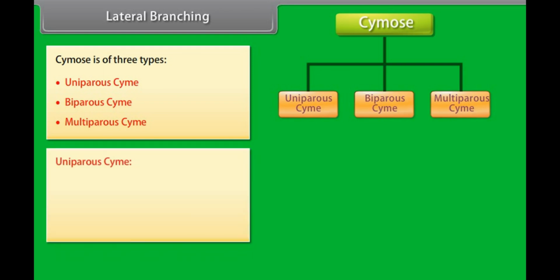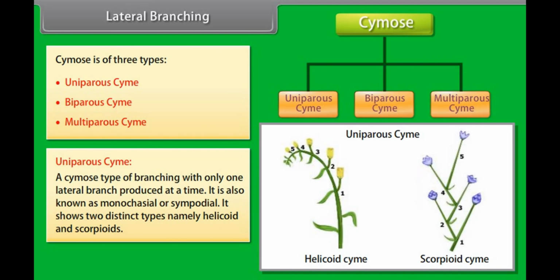Uniparous-chyme. A chymose type of branching with only one lateral branch produced at a time. It is also known as monochasial or sympodial. It shows two distinct types, namely helicoid and scorpioid. Biparous-chyme.